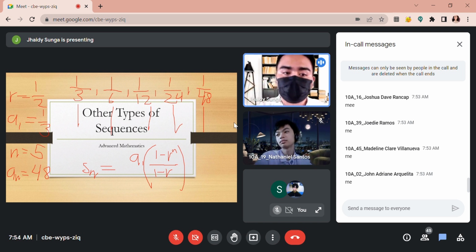But in geometric, there are two considerations. We could say it is a geometric series if and only if the ratio is less than 1. We sum up the terms, yes, but it is not yet a geometric series. Why?